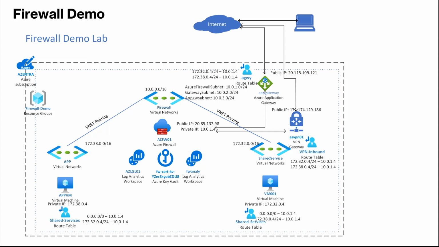Primarily, in my lab I have one single Azure subscription, and I have put all my resources into a single resource group, which is called firewall demo. If you see in the diagram here, my subscription is AZ Entra. This is my demo environment, and I put all my resources into one resource group.